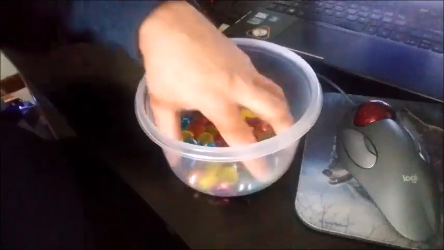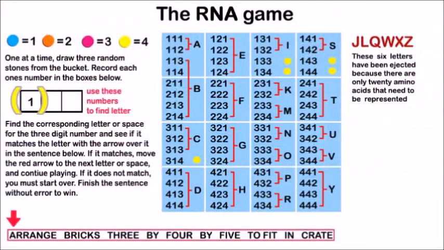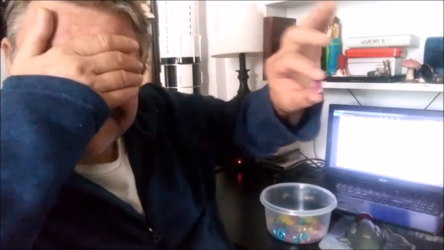Okay. Red. We got a blue one. Okay, so we can record a 1 in the first box. Okay. Go for the second one. Red. We lose.